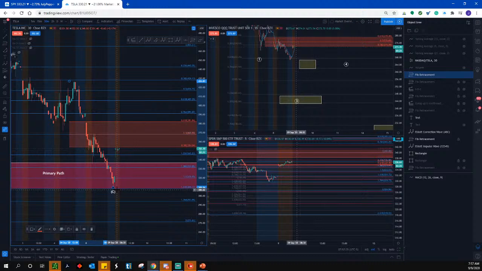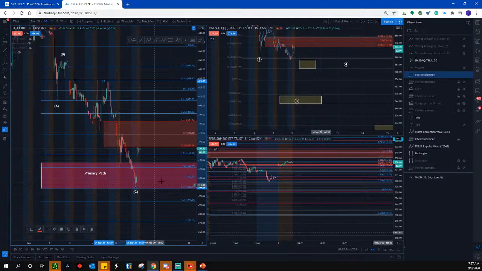So yes, in my opinion, I think this is a third bull trap. Believe it or not. I was tracking two paths for Tesla, the primary and a secondary. My primary ended up coming off the chart, and now my secondary is now my primary path.